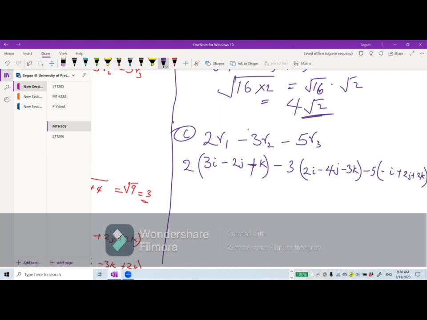So let's open the bracket and distribute the 2 over this. You have 6i minus 4j plus 2k.